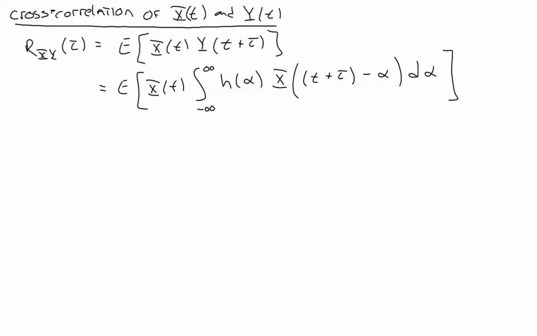Alpha here is just some arbitrary integration variable in order to set up the convolution. Sometimes it's just called a dummy integration variable.